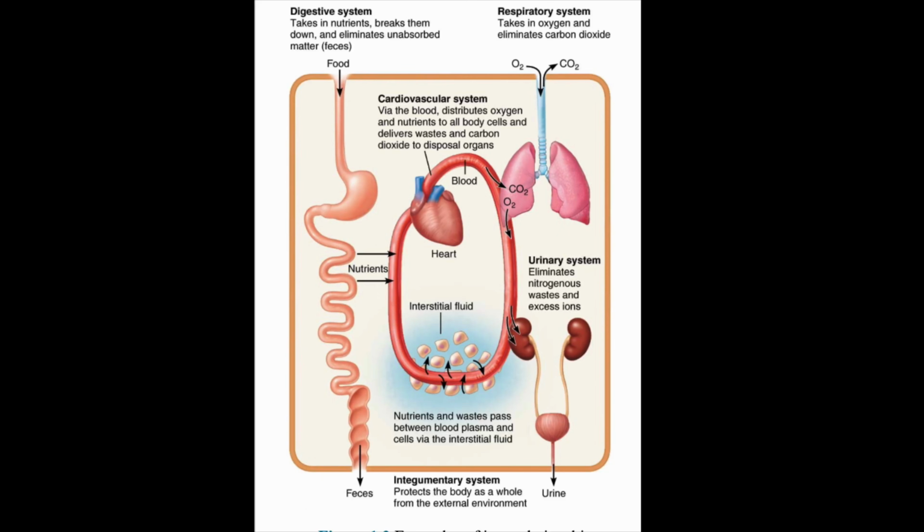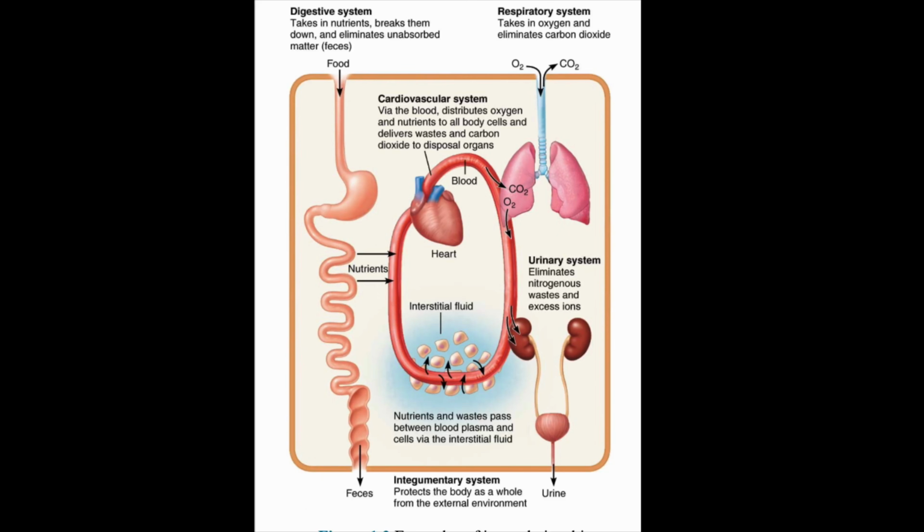Those nutrients will be absorbed, and the cardiovascular system will distribute the nutrients to all the body cells. And the respiratory system will take in the oxygen and get rid of the carbon dioxide that is produced by the tissues.